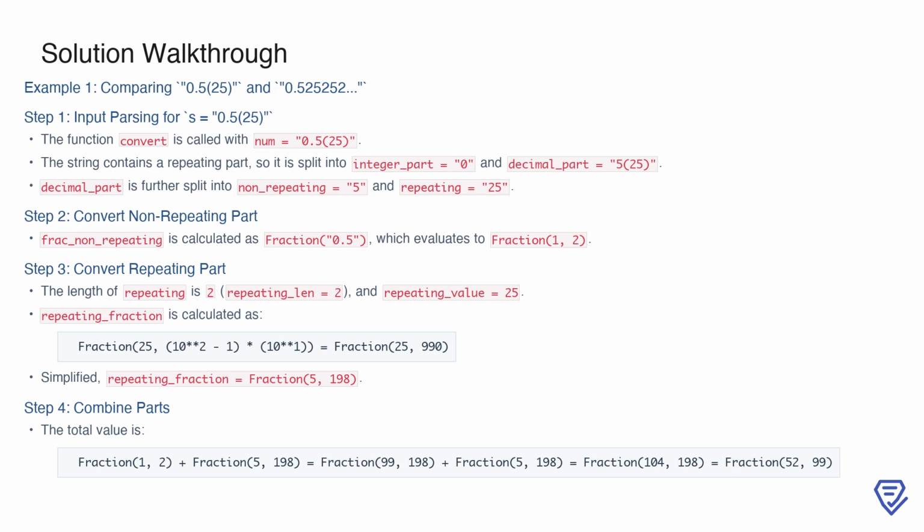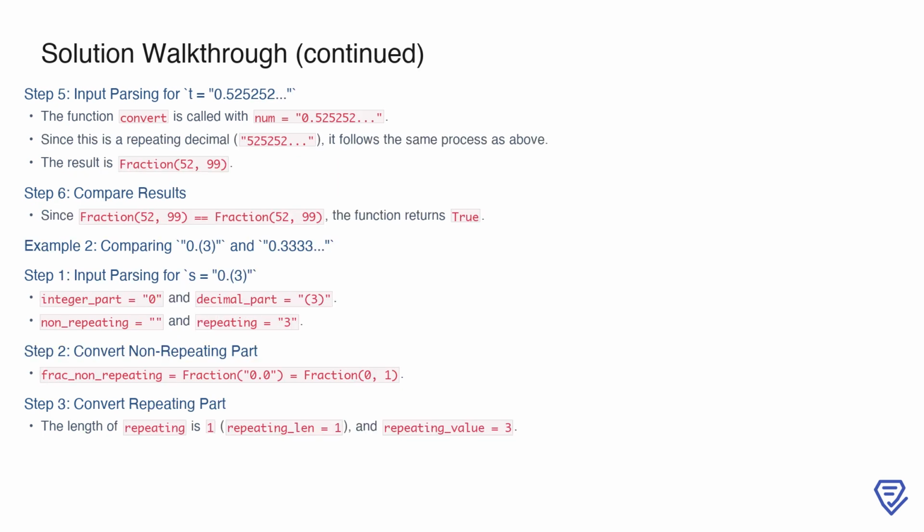Finally, we combine these two parts to get the total value, Fraction(1, 2) plus Fraction(5, 198). By finding a common denominator, this becomes Fraction(99, 198) plus Fraction(5, 198), which simplifies to Fraction(104, 198), or Fraction(52, 99). Now, we move to the second input, t equals 0.525252.